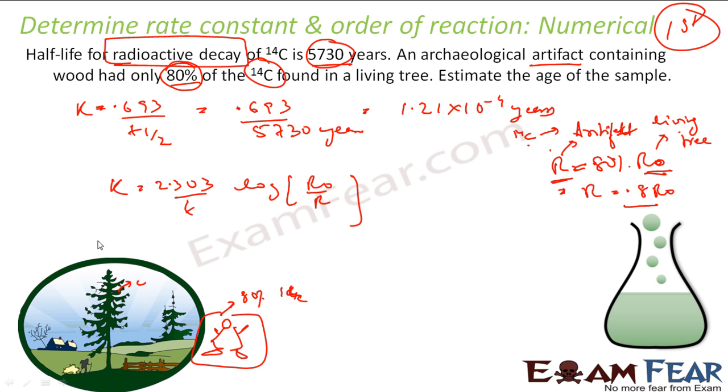We'll use this in the formula. K we know, T we can easily find. T is 2.303/K, and the value of K we just found is 1.21 × 10^-4 per year.